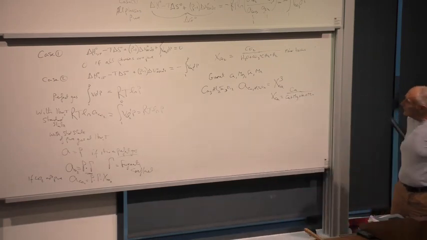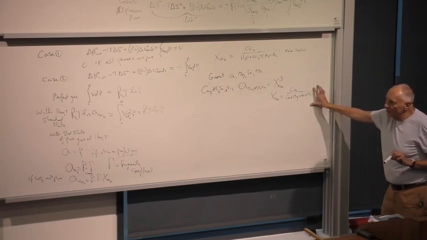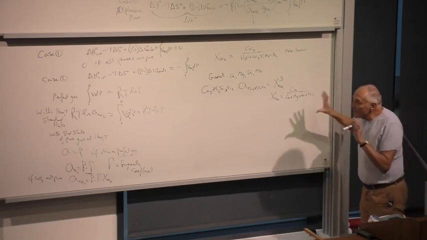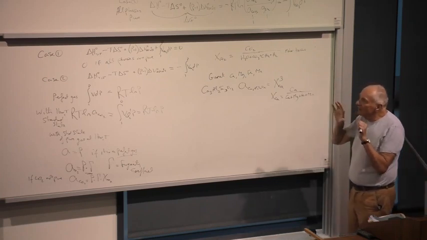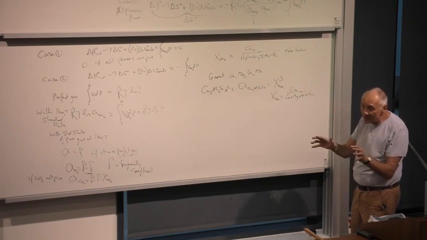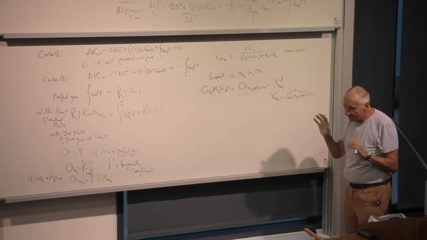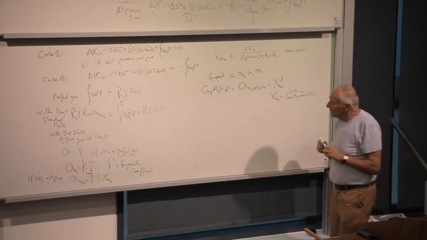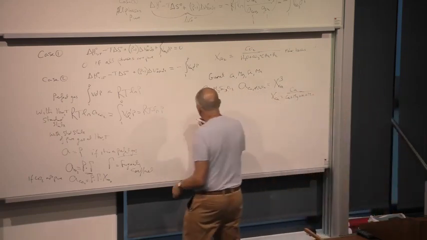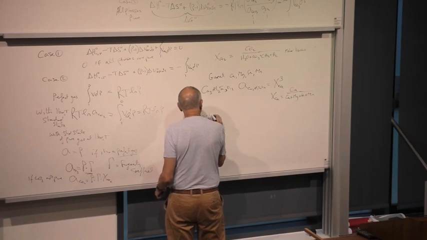Now, what do we do? I mean, this is what's known as an ideal solution, in as much as the only contributions to the free energy are the free energies of the end members and the entropy of mixing. All right. But non-ideal solutions are quite common.